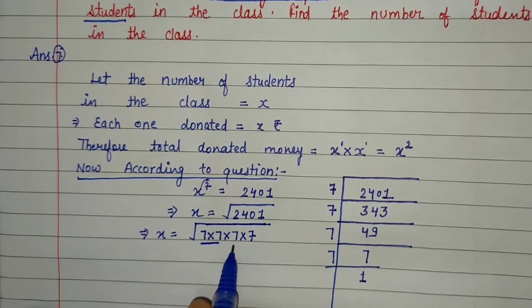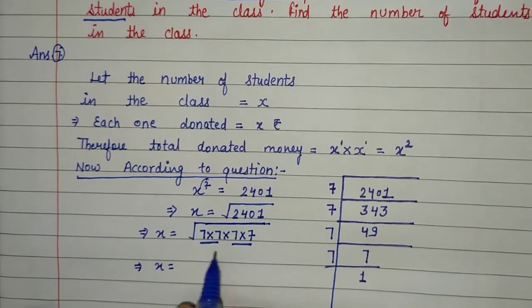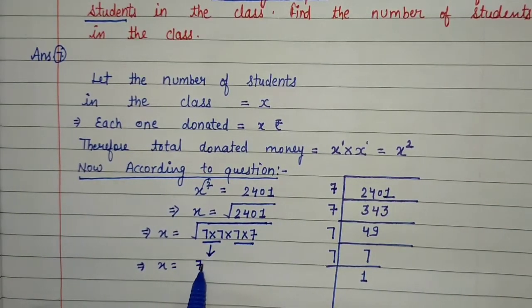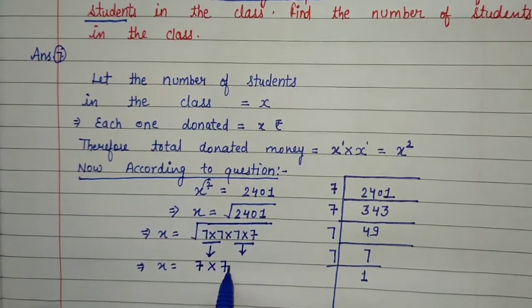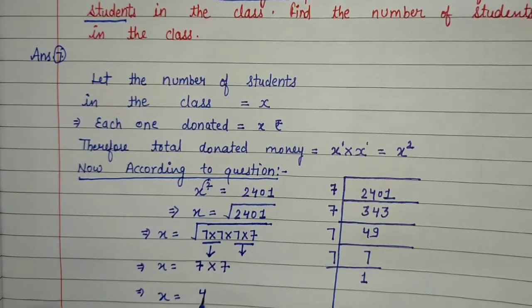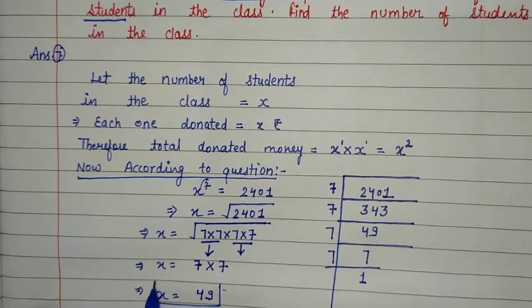Make the pairs. After that, take out one number from each pair. 7 outside, from this pair also 7 outside. So x equals 7 into 7, which is 49. This is your answer.